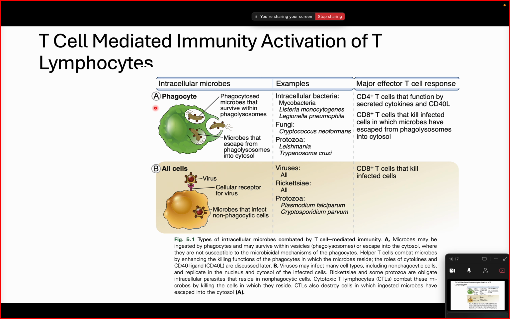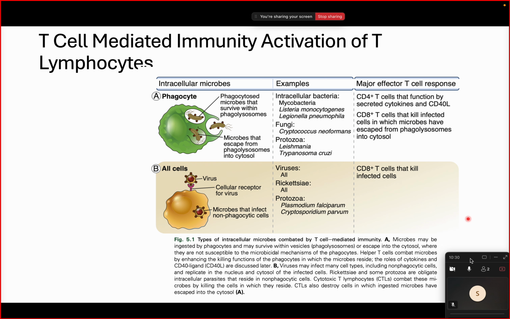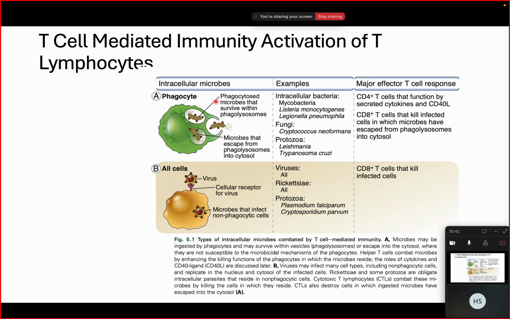You remember, correct? Whenever there is a pathogen which is seen by the macrophage, they will phagocytize it. Once they phagocytize it, again it's a cell in which now the pathogen is there, right? You can see here clearly, this is the macrophage, and the pathogen or the antigen has been engulfed or phagocytized.